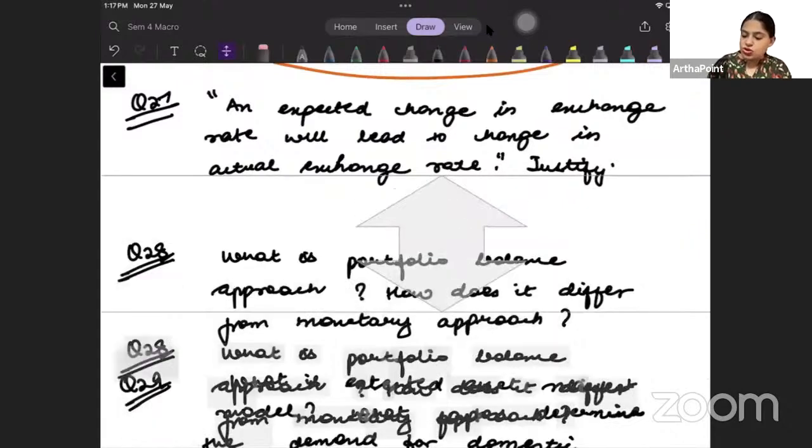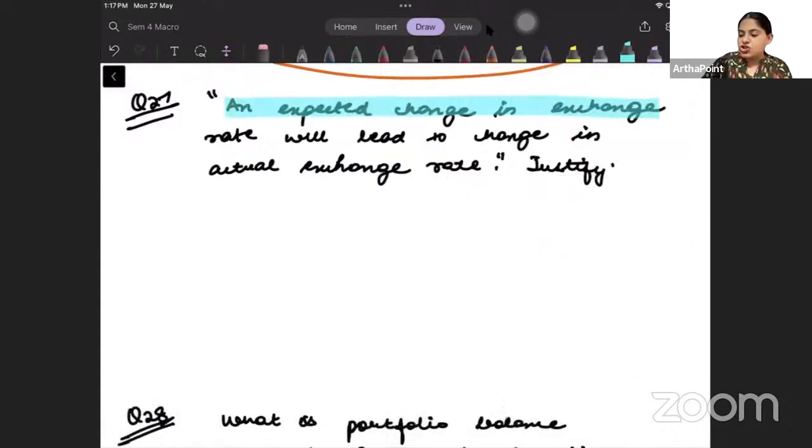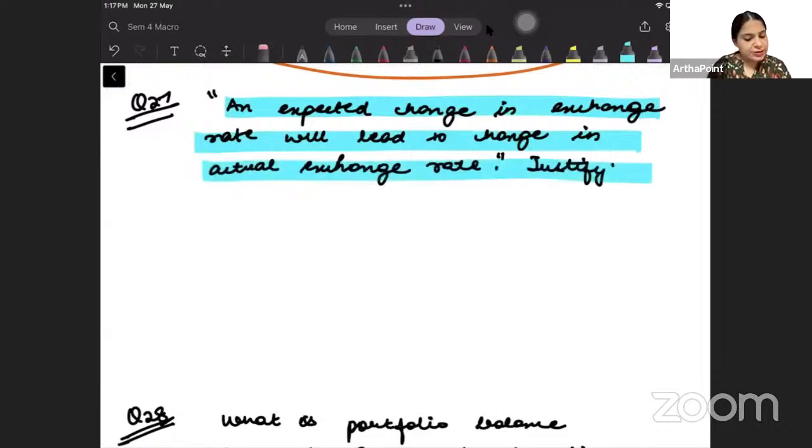Okay, come to the next question now, beta. An expected change in exchange rate will lead to change in actual exchange rate, justified. So, for this, I have to see which page to refer for this one. Yeah.